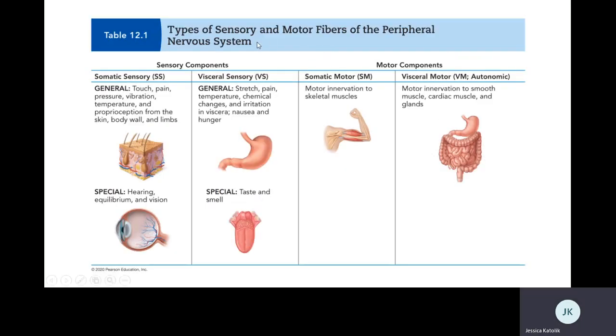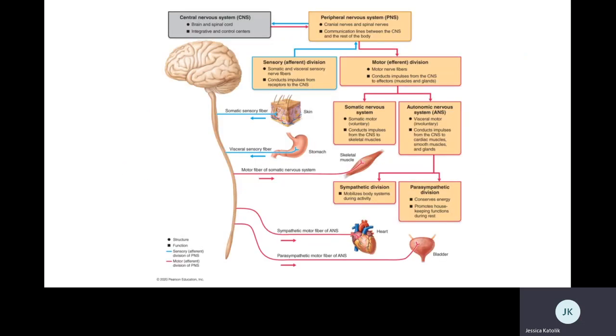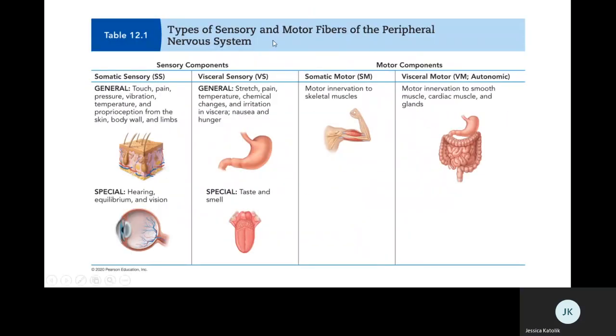So this diagram is going back a little bit. We're looking now at the visceral sensory fibers, the axons that innervate the ventral cavity. They can either be general, so they're found throughout the ventral cavity and responsible for detecting stretch, pain, and all sorts of things inside our ventral cavity.